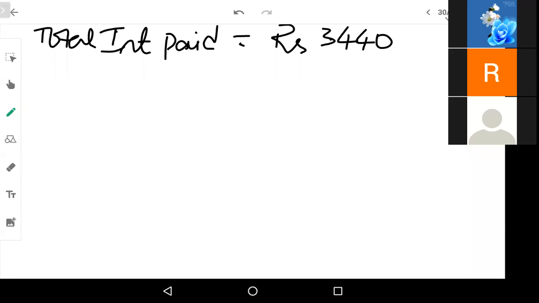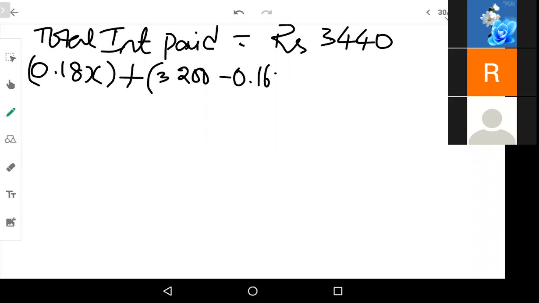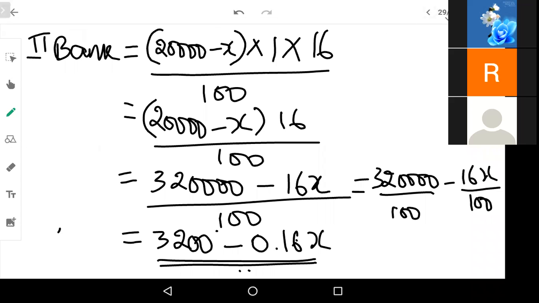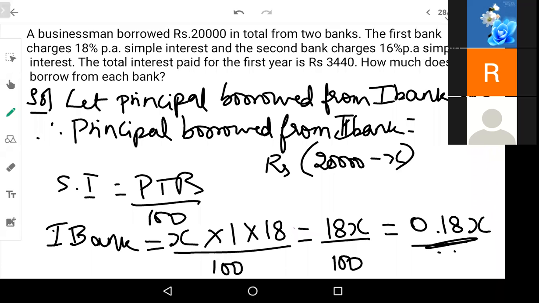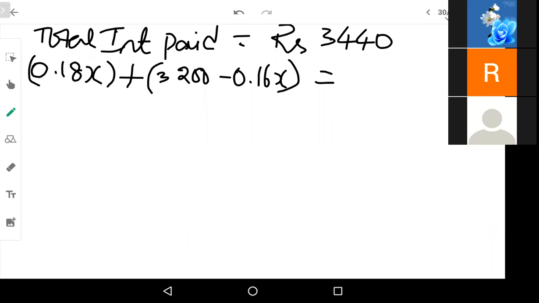Now, if total interest together is 3,440, it means that 0.18x from the first bank plus 3,200 minus 0.16x from the second bank, both the interest, this is the interest which we calculated. If you see here, this is the simple interest which we have calculated in every place. So we are adding both the interest, which has to come to 3,440.